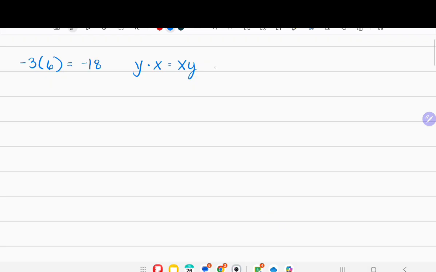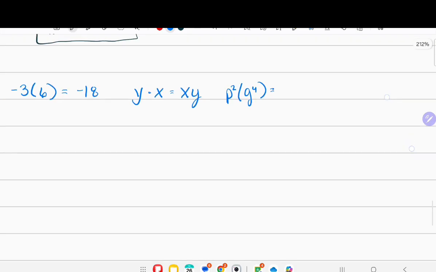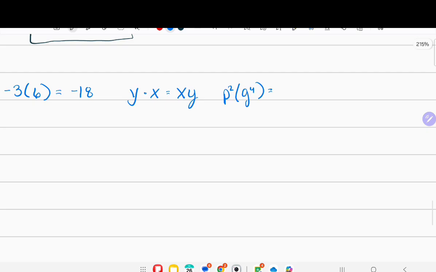If you have a problem that says p squared, parenthesis, g to the 4th, what's the answer? Very good.